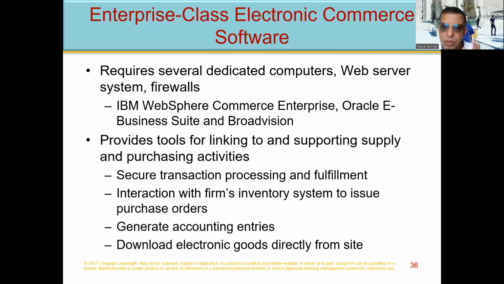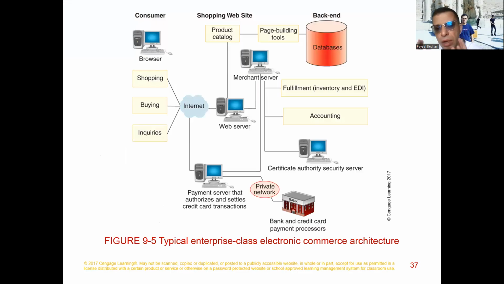It also provides tools for linking and supporting supply and purchasing activities, secure transaction processing and fulfillment, interaction with the firm's inventory system to issue a purchase order, generate accounting entries, and download electronic goods directly from the site. This is how the typical enterprise electronic commerce architecture looks.